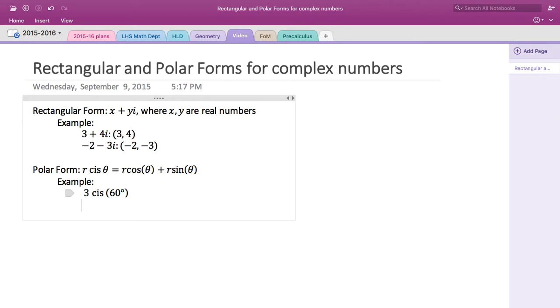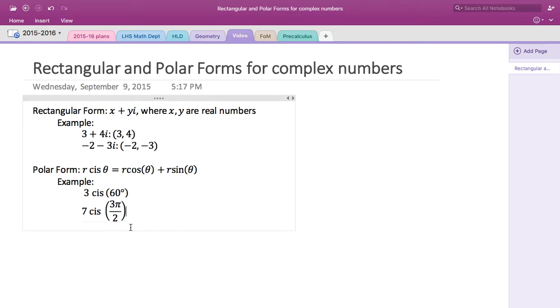It can also be written in radians. So you can put, let's say, 7 cis 3 pi over 2. As we know, 1 pi is 180 degrees, and we have 3 pi over 2.